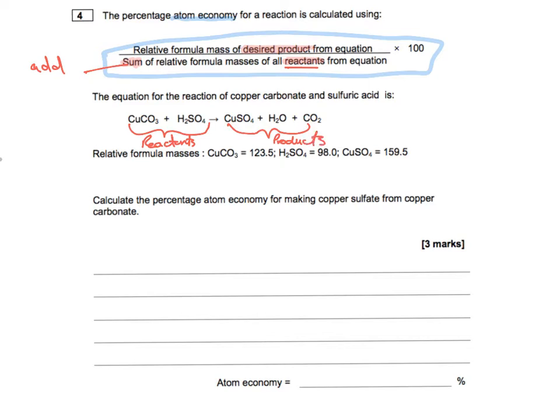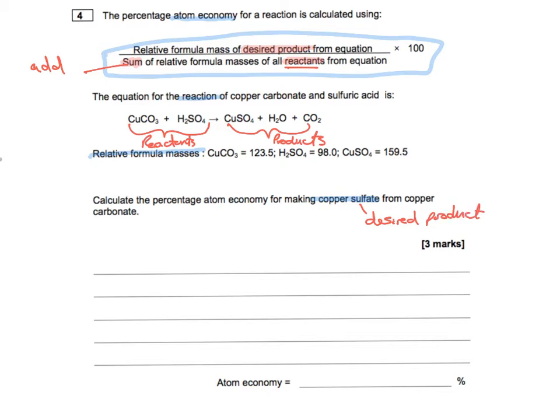So let's go back to the question. The equation for the reaction is here. It gives me the formula masses of all the different compounds. It says calculate the percentage atom economy for making copper sulfate. Therefore, copper sulfate is my desired product.